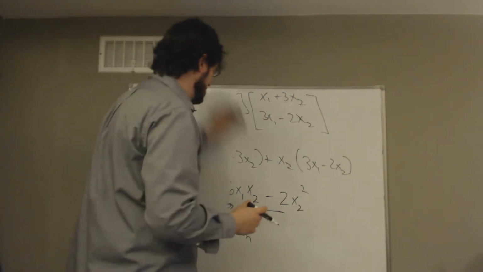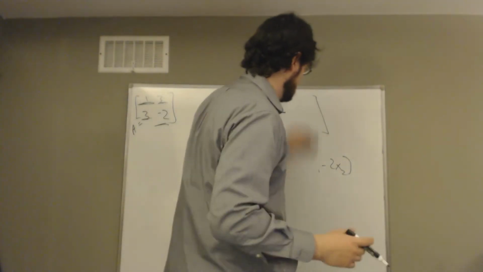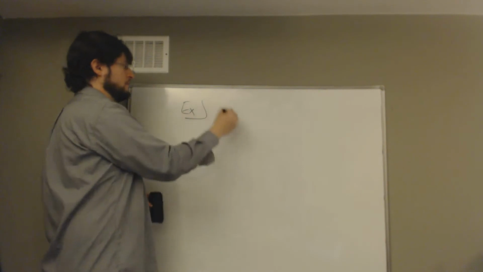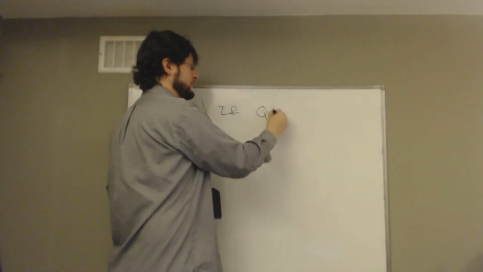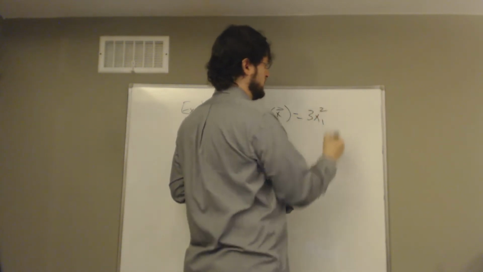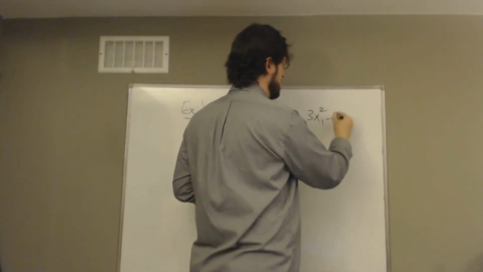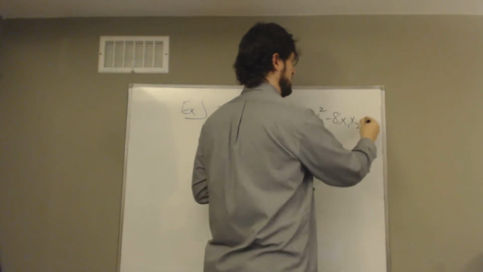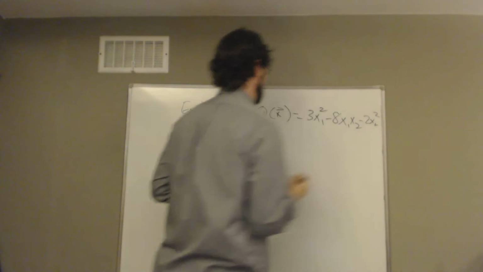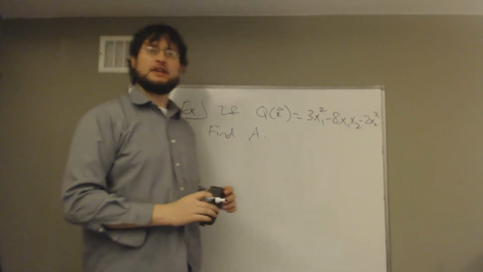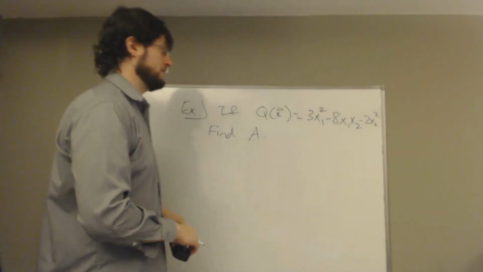All right, so for example, if Q at X is 3x1 squared minus 8x1 x2 minus 2x2 squared, find A. What is the symmetric matrix that corresponds to this quadratic form?